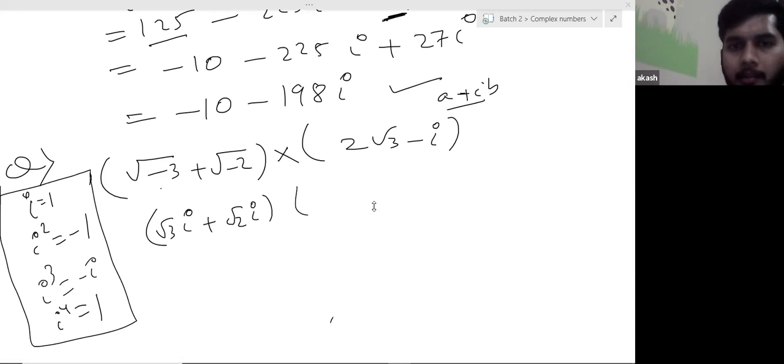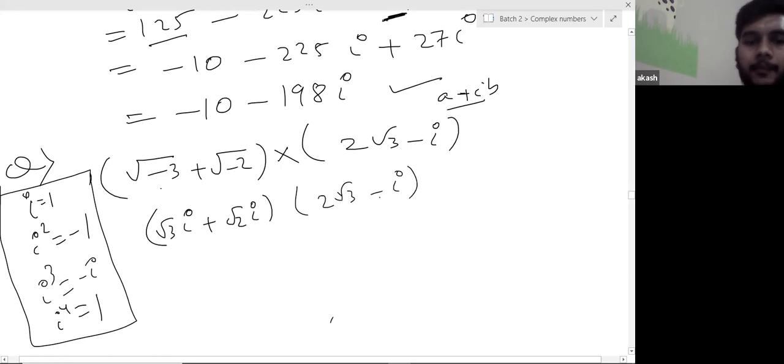Okay, Alvia has answered 2 root 3 minus i. Use the distributive property. Peer, what is the distributive property? Whenever I ask any question to Peer, he just mutes himself and it remains silent.